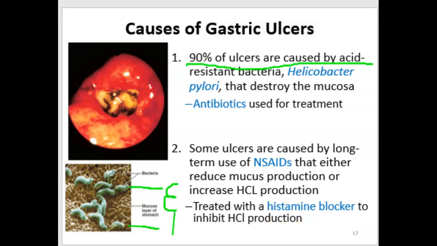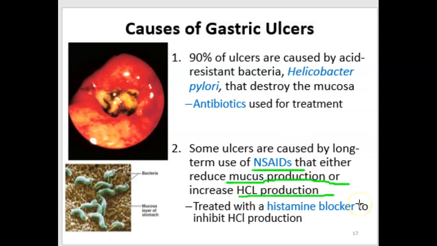Now, some ulcers might be caused by substances other than bacteria that break down the wall, the lining of the stomach. Certain non-steroidal anti-inflammatory drugs could do that because they might reduce mucus production or increase hydrochloric acid production.